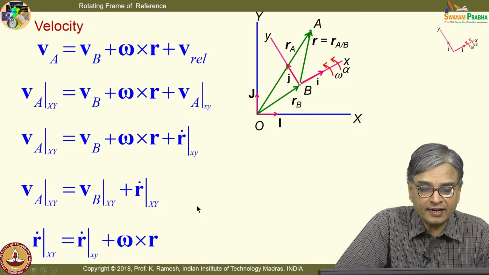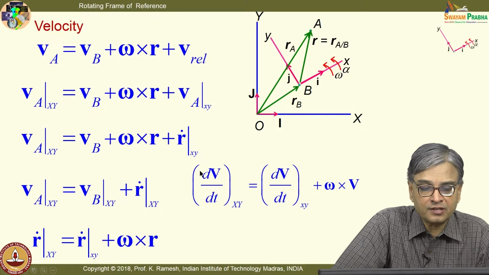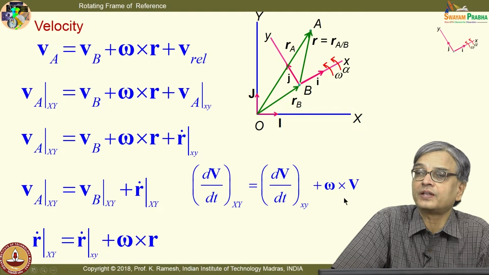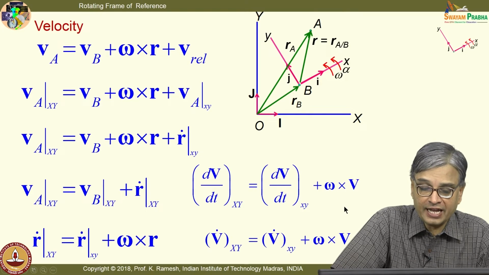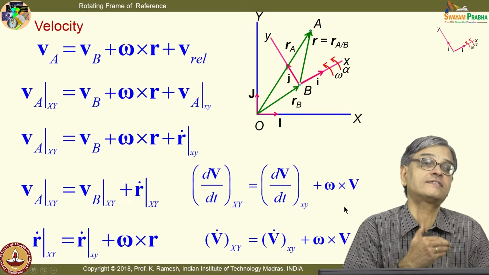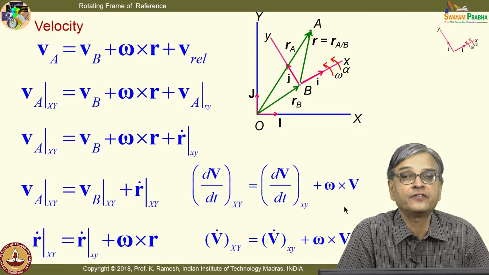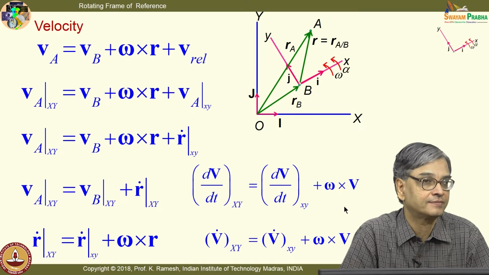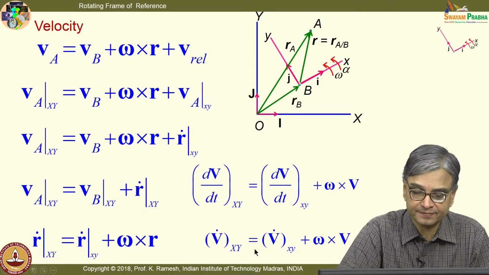And this is what generalized when we put this as any vector: dv by dt in the fixed frame of reference equal to dv by dt in xy plus omega cross v. In fact, we utilize this very systematically when we differentiated the velocity expression to get the acceleration. We use this repeatedly.